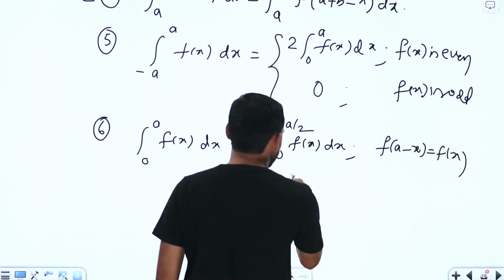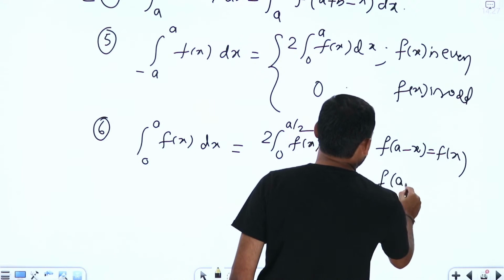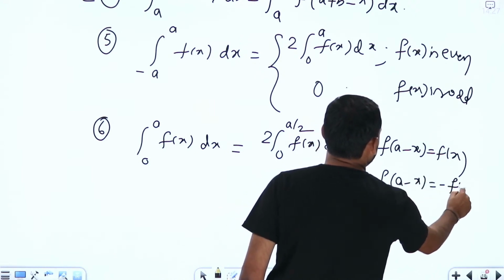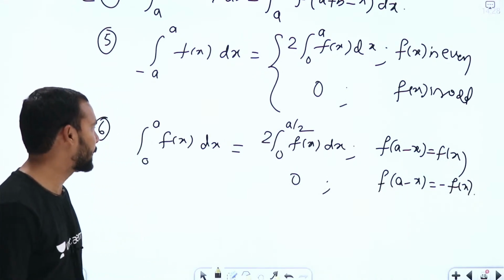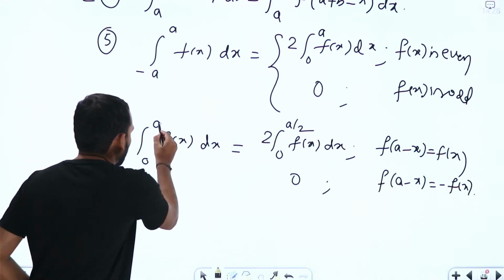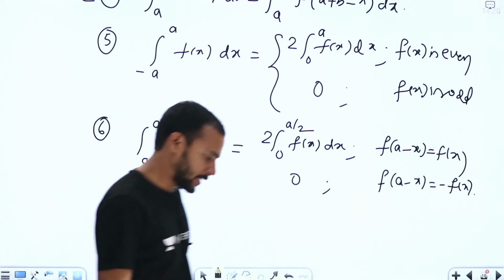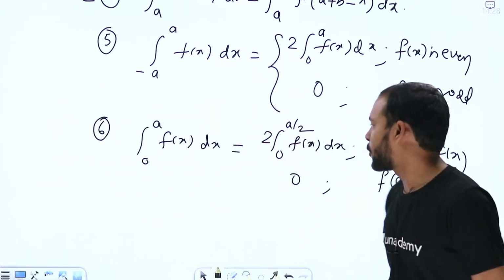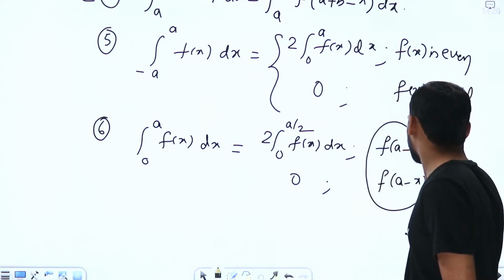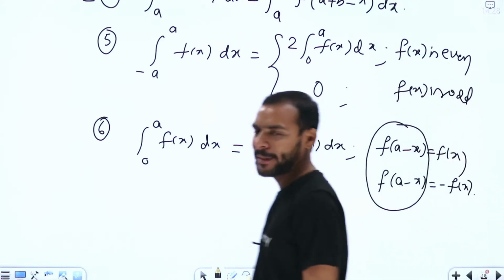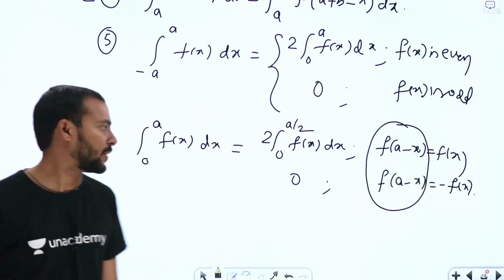It is going to be 0 if f of a minus x is equal to minus f of x. I hope it is clear. So simply, integral 0 to a f of x can be written as 2 times integral 0 to a by 2, or 0, based on the f of a minus x value. I hope it is clear for everyone.